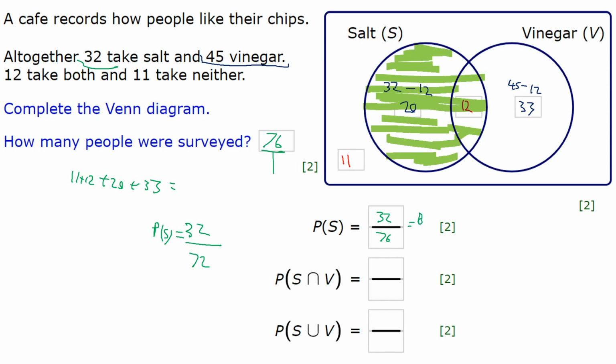That also works. Okay? Now, what about the probability of S intersection vinegar, right? I'm going to highlight this in red. All right. So that's this one. Remember, because it's intersection, it's going to be in the middle.